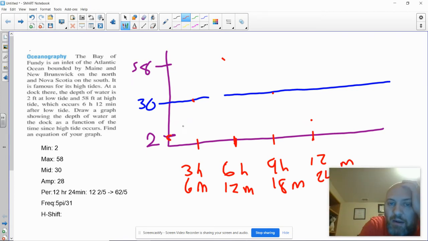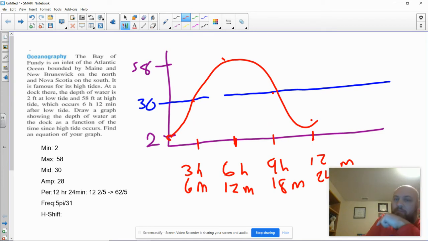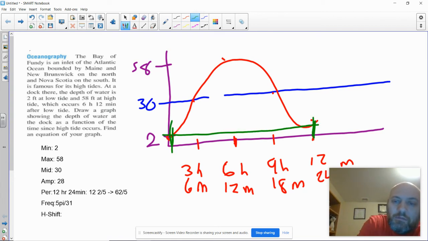So if I were to graph this, I can see my period right there is at 12 hours and 24 minutes. So if I'm using cosine, this is an upside down cosine curve, I'm not going to have a horizontal shift.